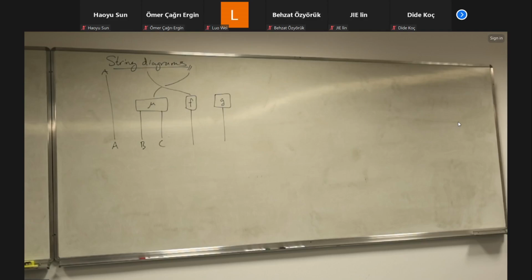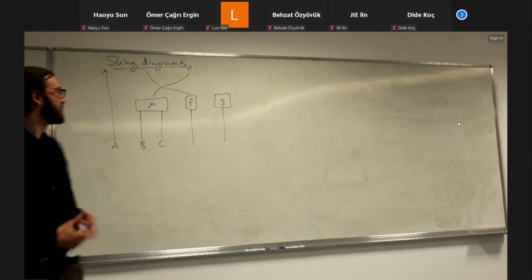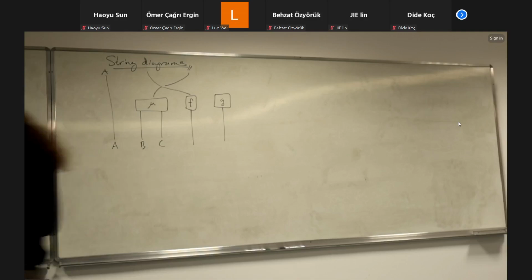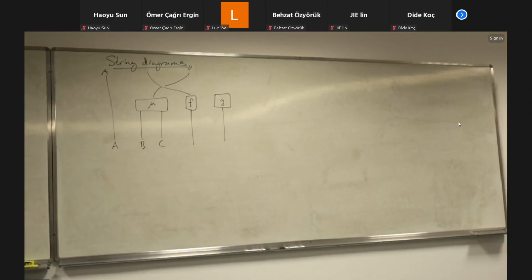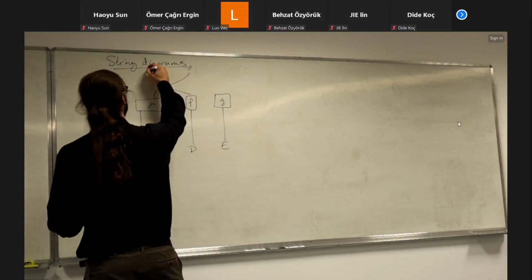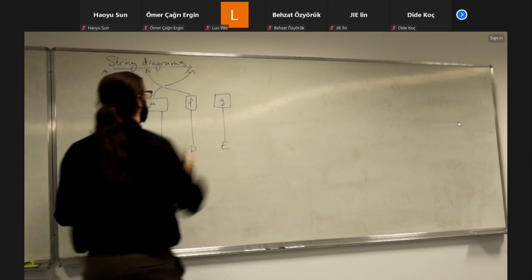So let me first briefly try and introduce some sense of how you might read such a thing. So I should probably label all of my objects. That would be a good idea. A, C, D, E, N, M.